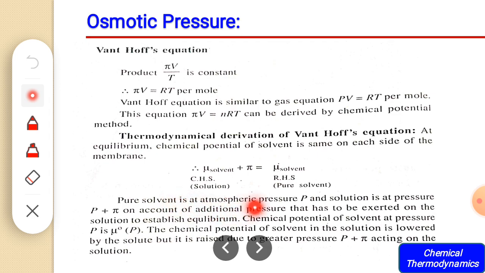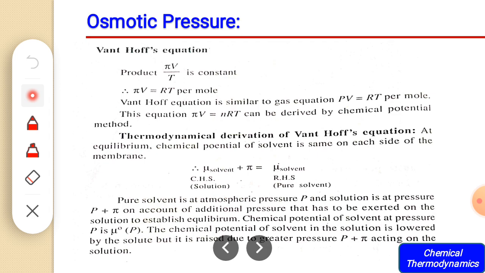Pure solvent is at atmospheric pressure P, while the solution has a pressure P plus pi, that is atmospheric pressure plus osmotic pressure, on account of the additional pressure due to osmotic pressure.